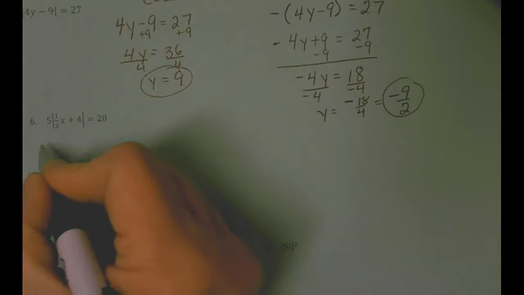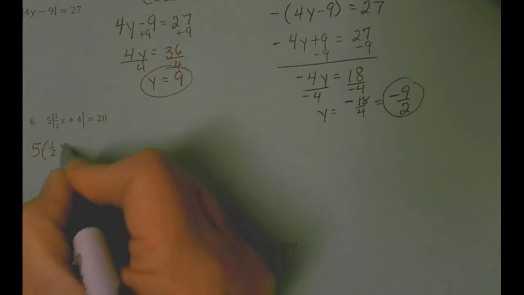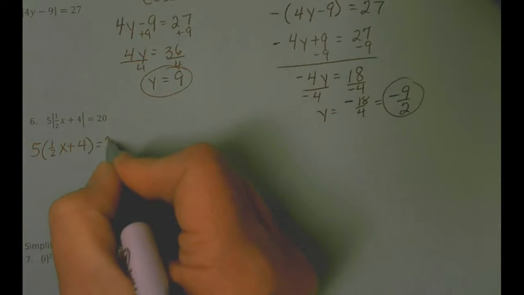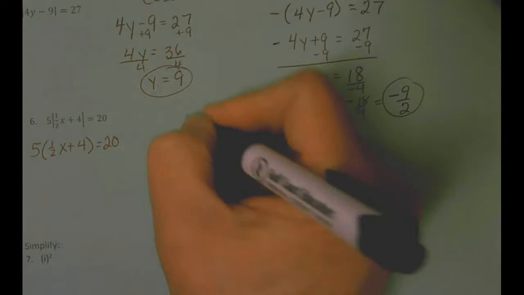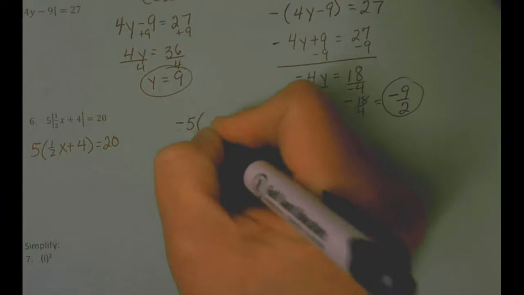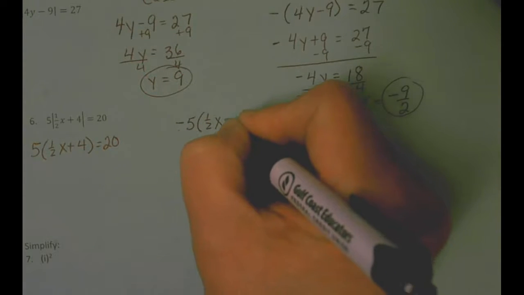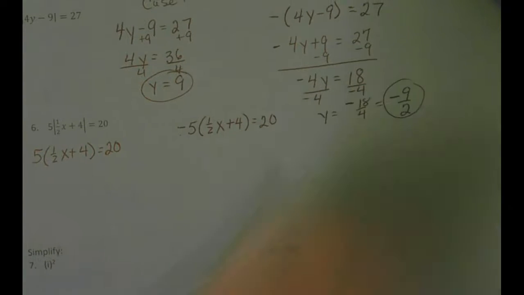Case 1 here would be 5 times 1/2 x plus 4 equals 20. Case 2 would be negative 5 times 1/2 x plus 4 equals 20.